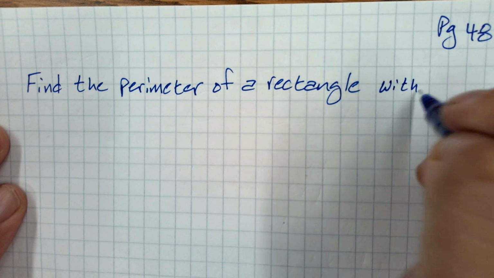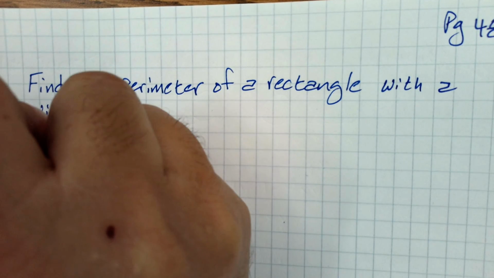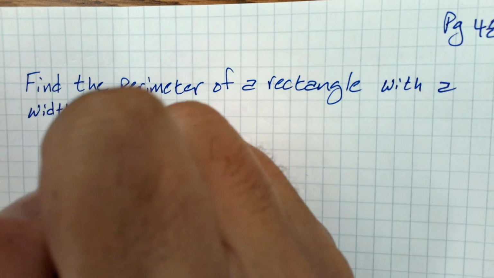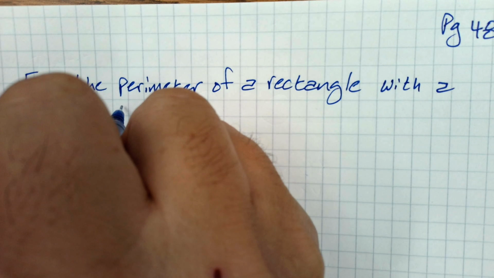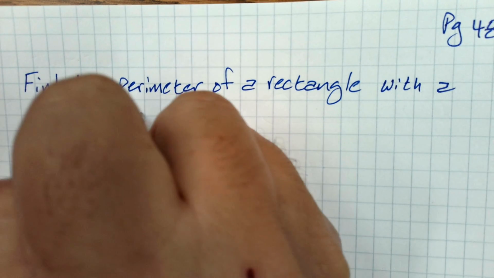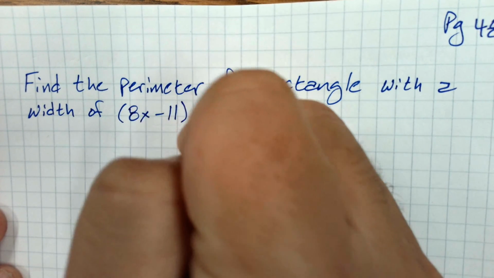So find the perimeter of a rectangle with a width of 8x minus 11. Let's do centimeters this time.